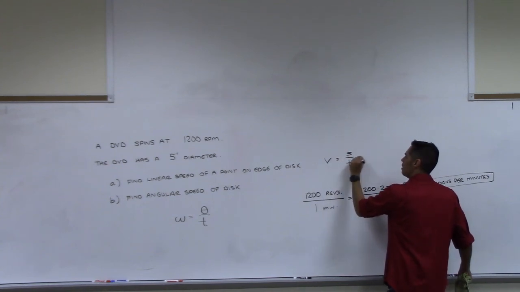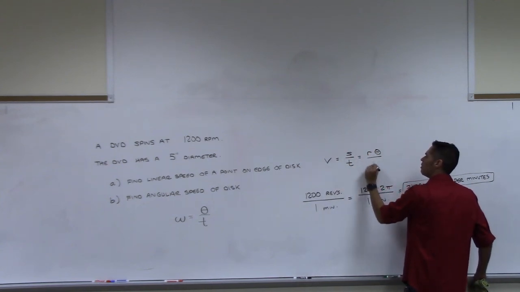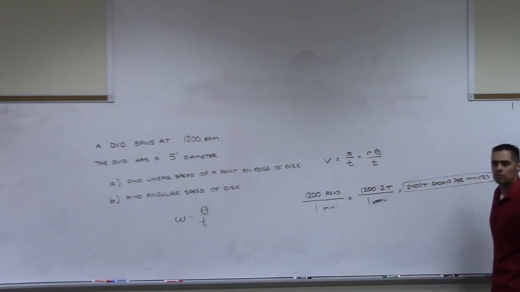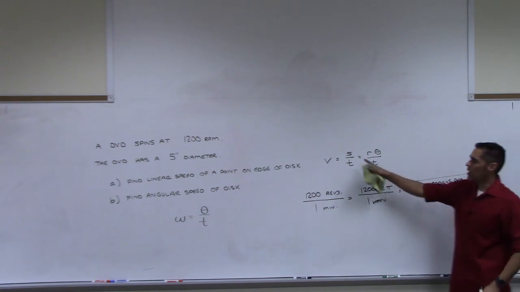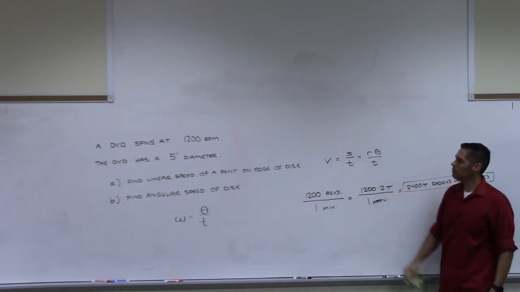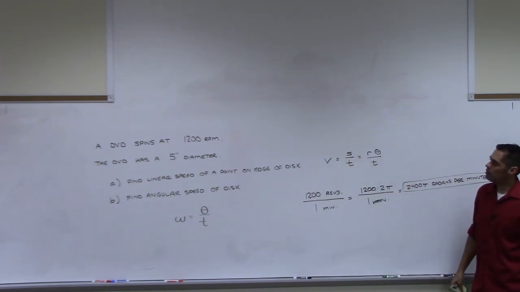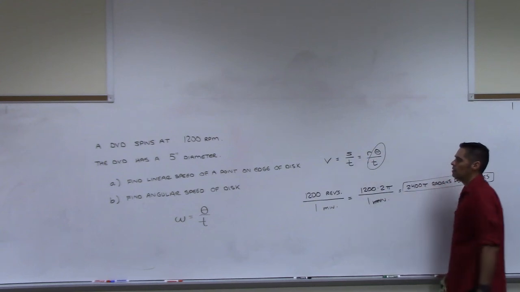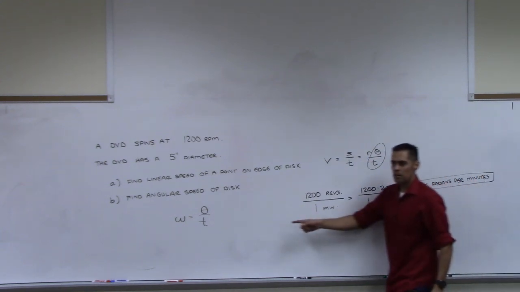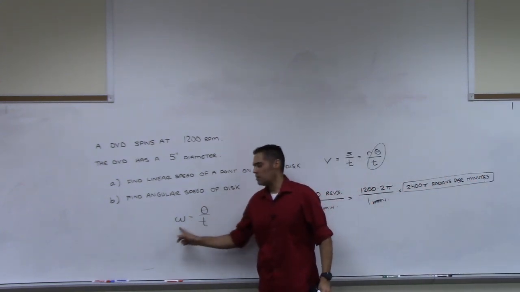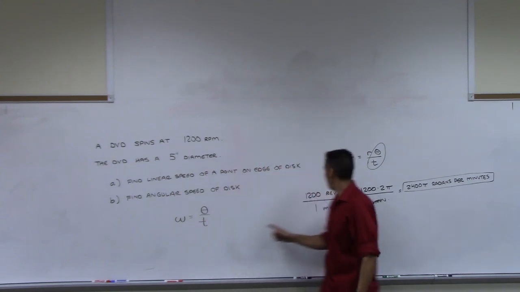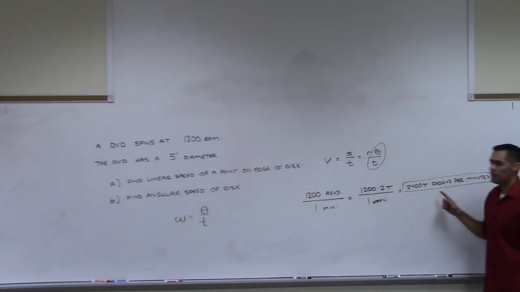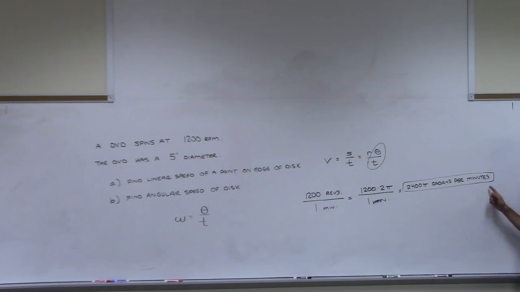S over t, which is radius times theta over time. S was arc length. Now, we already know what this is. Theta over time was omega.